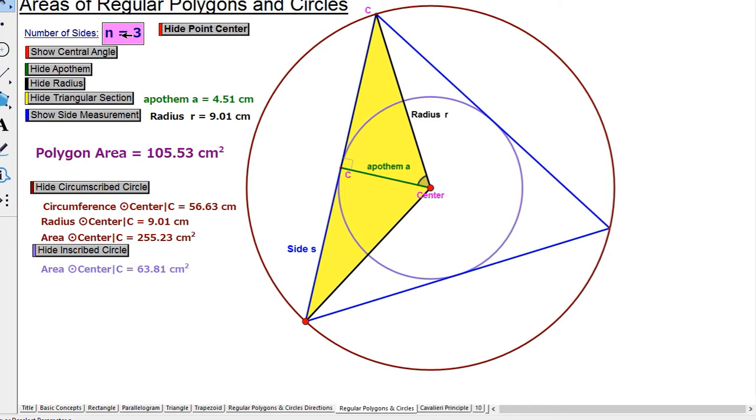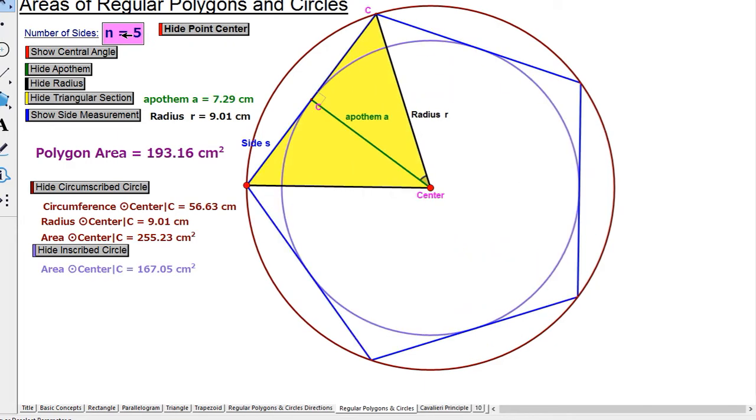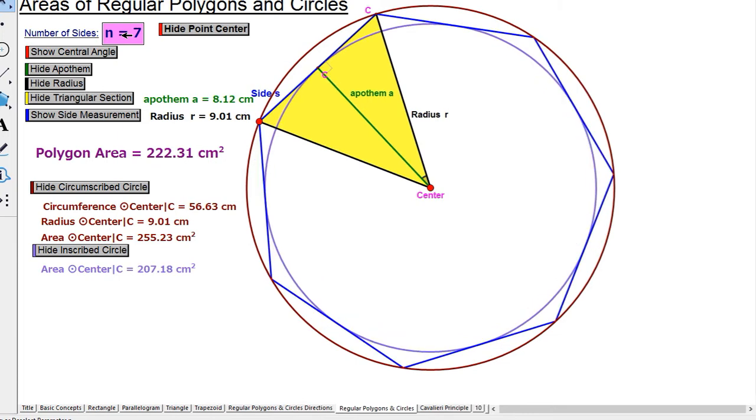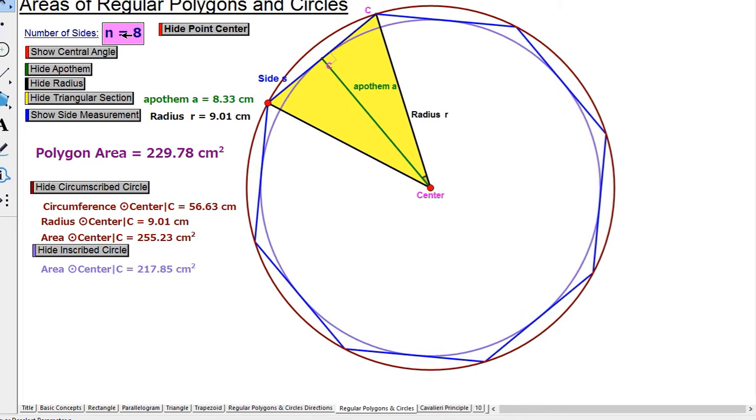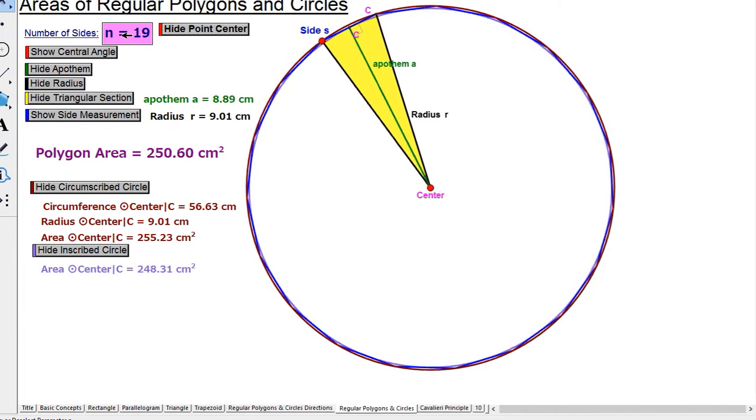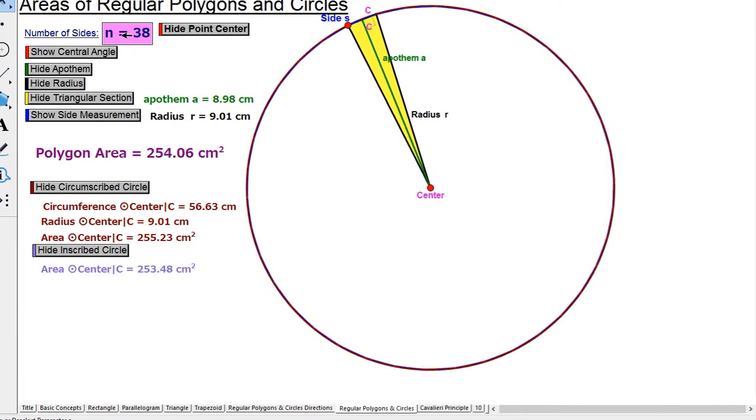Okay, now look what happens to the apothem. Look at the length of the apothem. Now the radius is staying fixed. Every time I increase n, what happens to the apothem? Well, it's getting bigger and bigger. And the apothem is actually approaching what?